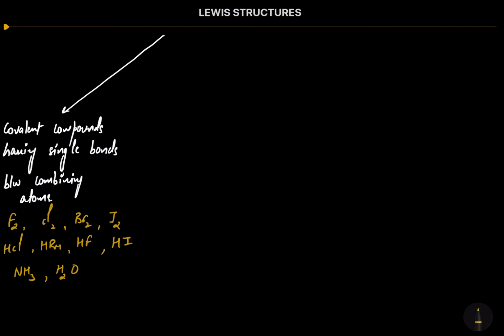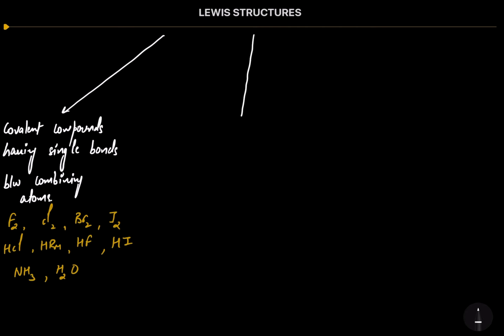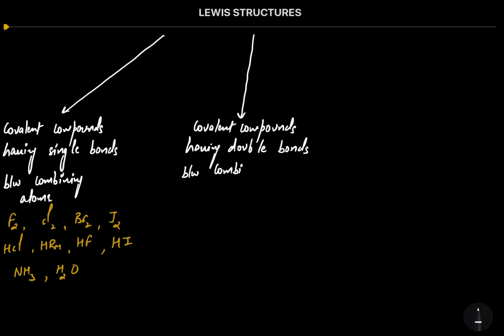Now, let's talk about the second type: covalent compounds having double bonds between combining atoms.